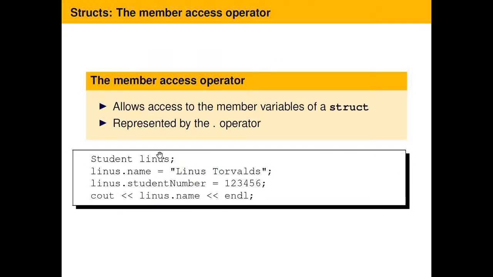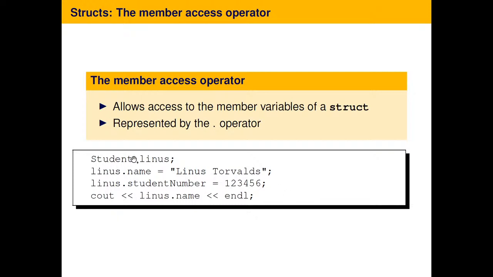And then, as we've seen before, sometimes we want to reach inside a structure to get hold of the variables that are inside it, the fields of the record structure, as it's sometimes called, or the elements of the structure. The correct name from C++'s point of view is the data members of the structure. The operator is called the member access operator, or very commonly just the dot operator, because it literally is the period, the dot.